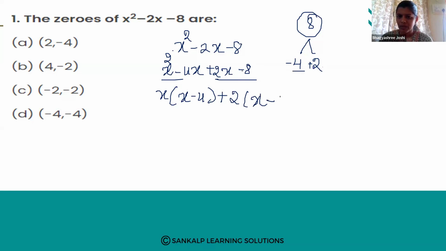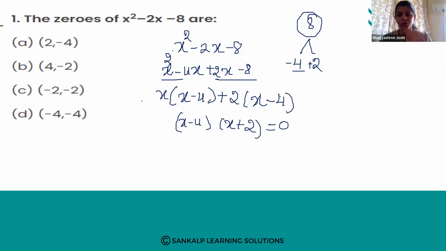Minus 4, plus into minus is minus, that is 4. So x minus 4 is one factor and x plus 2 is another factor. Now it is in the form of x minus alpha and x minus beta, that's why we call these the factors of this polynomial, right? So these two are the factors.